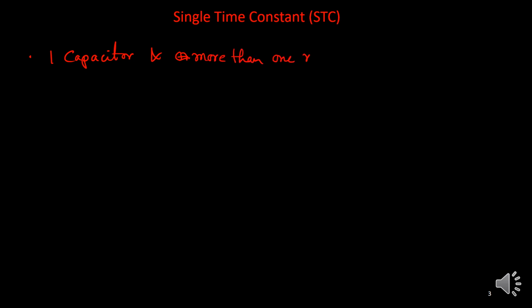If it is like this, that circuit will always have a single time constant. So this is always a single time constant circuit. Why is it so? I'll take one example. Suppose I have this kind of network.